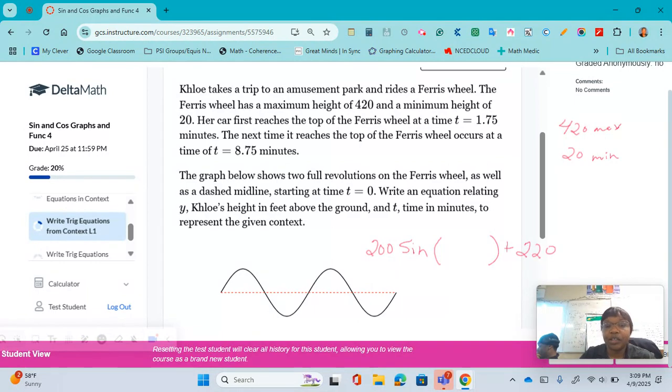The period: it says it first reaches the top at 1.75, and the next time it reaches the top at 8.75. So that's a difference of 7. We put that under 2 pi, so that's 2 pi over 7, and bring that x back. So 200 times sine of 2 pi over 7x plus 220.